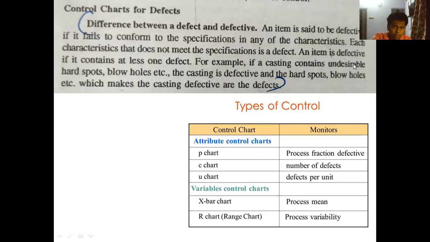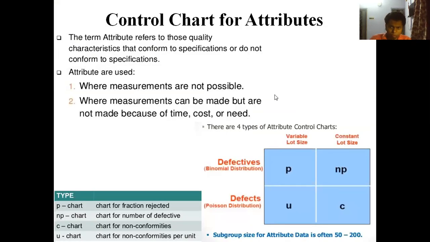So you know it already. Here also you can see that P chart is the chart for fraction rejected or fraction defectives, NP chart is the chart for number of defectives, C chart is a chart for non-conformities, and U chart is for non-conformities per unit.